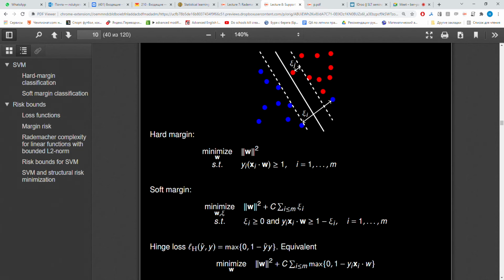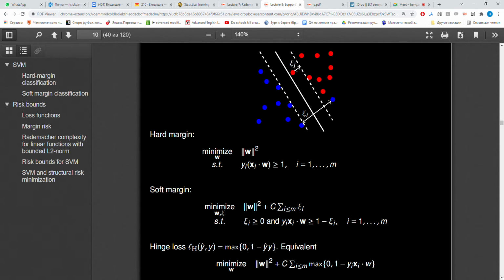For example, we can use hinge loss, and we can define xi with these numbers. What can we say about the hinge loss? It equals 0 if we classified our point correctly, and it is positive if we classified it incorrectly.